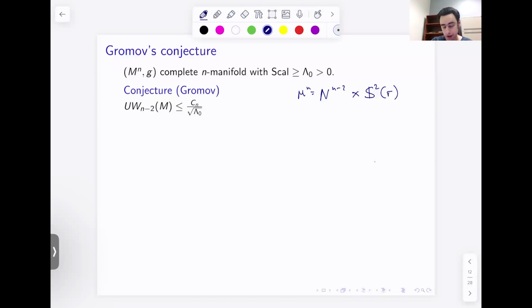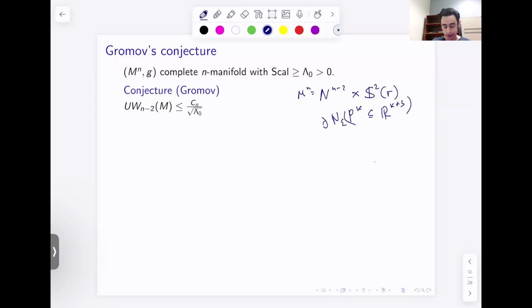And more generally, if you have some k-dimensional simplicial complex, you can embed it into some R^(k+3)-dimensional space. You can take a boundary of a small tubular neighborhood of that and then perturb that using something like the Gromov-Lawson connected sum construction and make sure that it has positive scalar curvature.